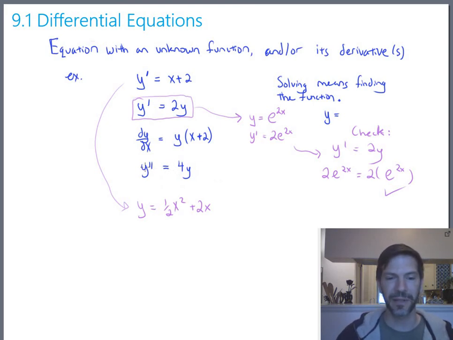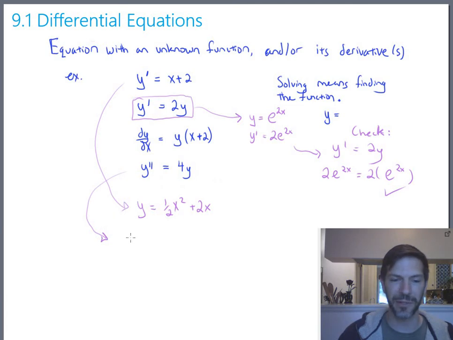It says the second derivative of the function is equal to 4 times the original function. For that one, let me again suggest a possible solution. Let's check out y equals sine of 2x.